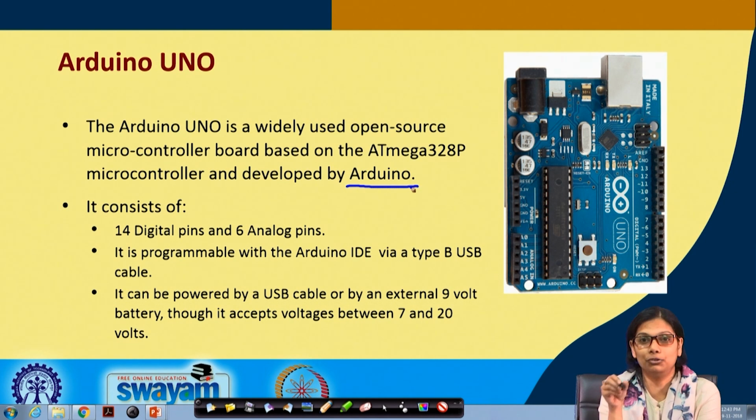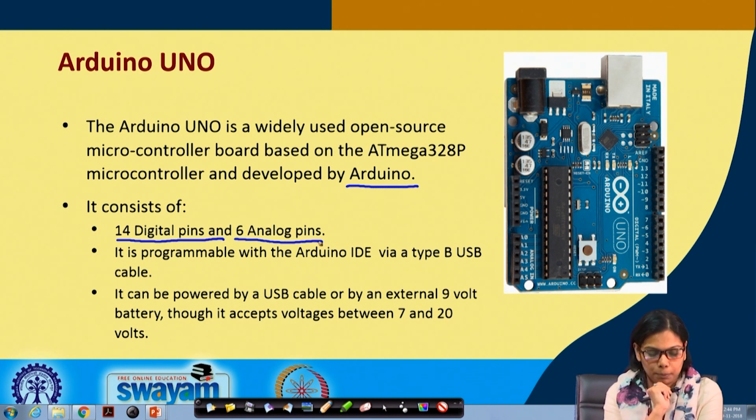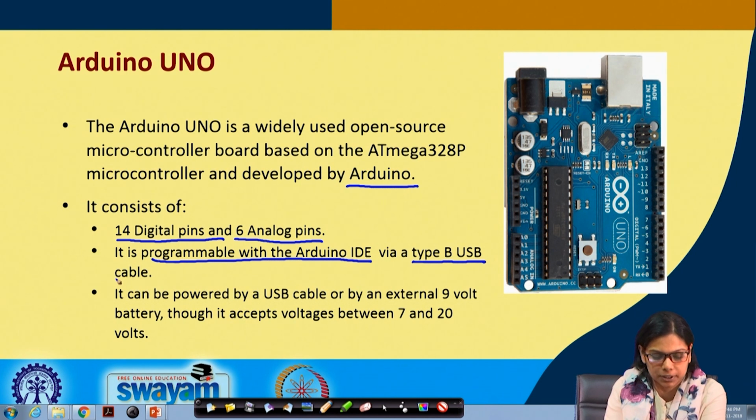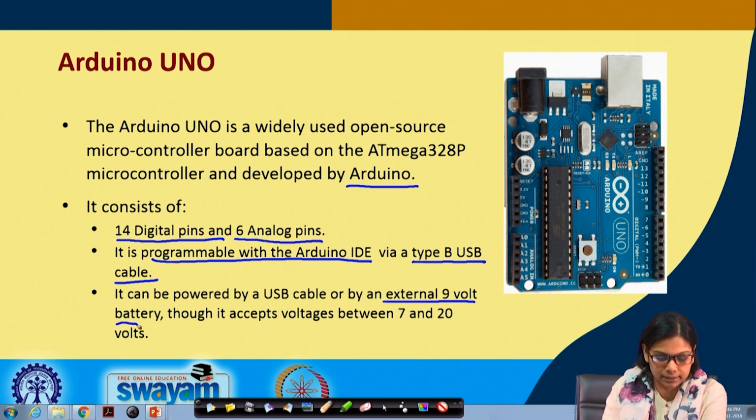Those are all Arduino compatible pins. So these are the pins: 14 digital pins and 6 analog pins, and it is programmable with the Arduino IDE via this type B USB cable, which I have already shown you. It can also be powered by a USB cable or by an external 9-volt battery.